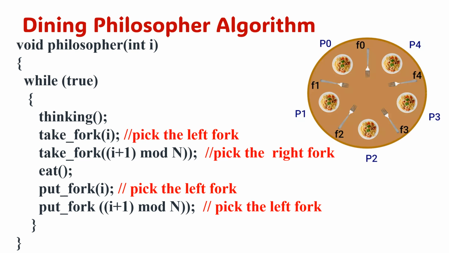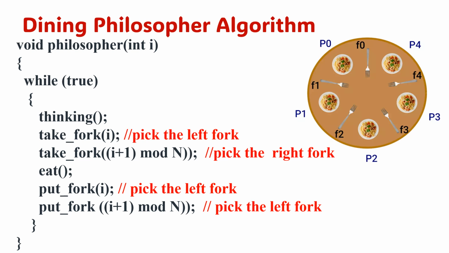The 0th fork he will put first, that is the left side fork, and then he will put (i plus 1) mod n, that is 0 plus 1 mod 5, which is 1. So he will again keep back the F1 fork, and then other philosophers can start eating.